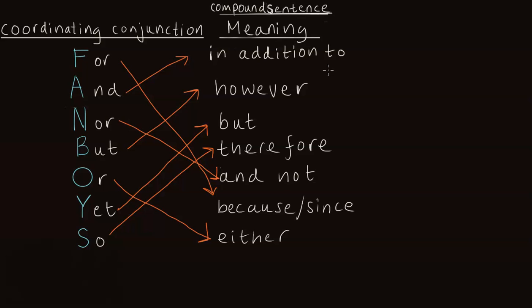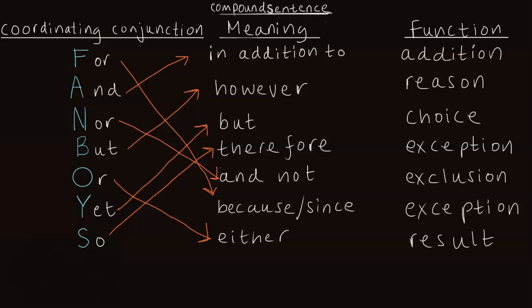Knowing the function of each coordinating conjunction will make your writing far more accurate. Okay, so let's have a look at the list of functions, and I would like you to connect the correct meaning to the correct function. If you like more time, please pause the video.